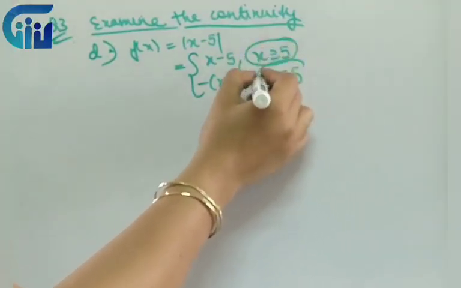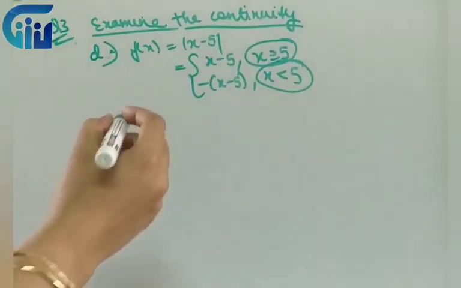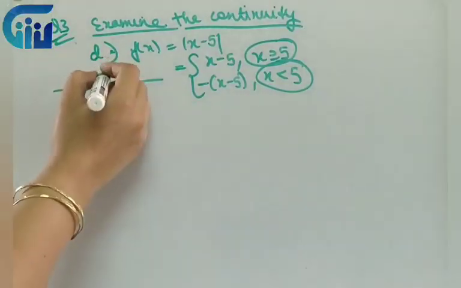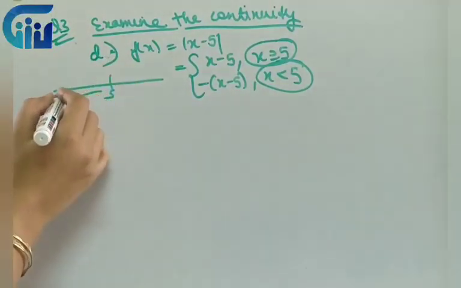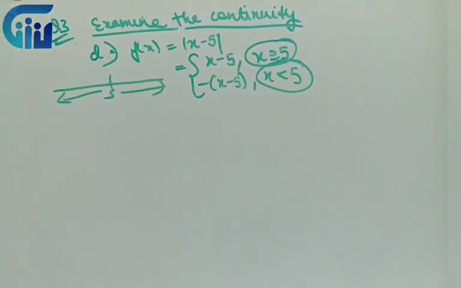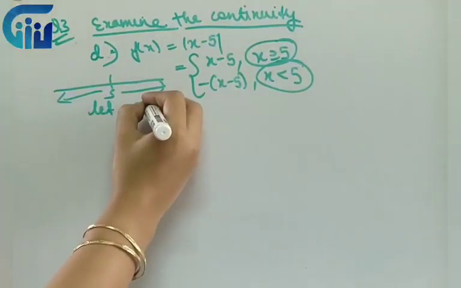Now I have a point 5 around which I will check the continuity. Suppose this is the whole number line for the real numbers, and I have a point over here. I know if it is less than 5, I have a particular function. If it is greater than 5, I have a particular function. So over here, observe very carefully. I will say first of all, let c be any real number.